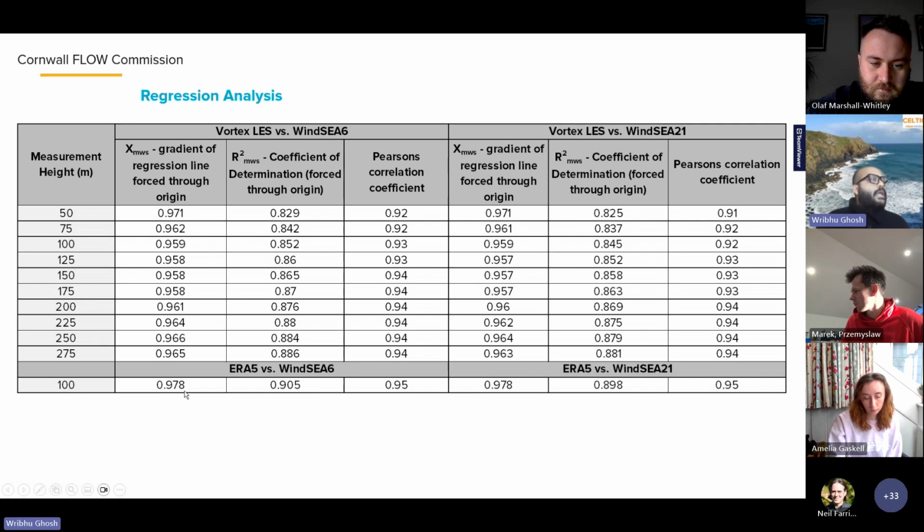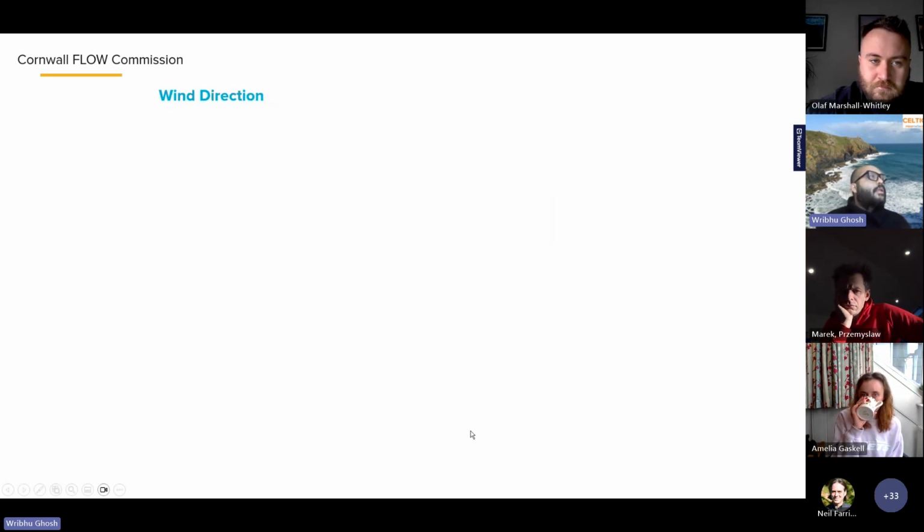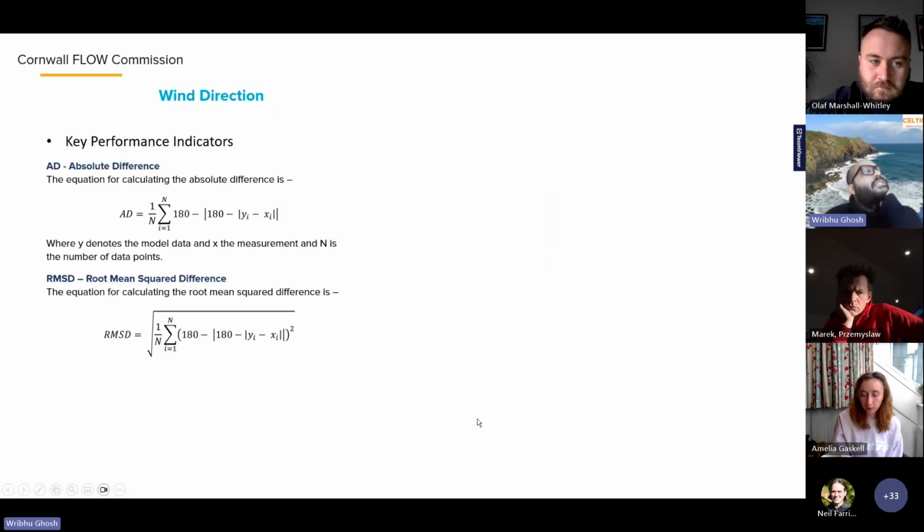Same with ERA5. Again, we see ERA5 gives a slightly higher R square here, but that is down to the fact that it's evened out into hourly data from 10 minutes, which contributes to a better regression. Now, wind direction: we just wanted to include a couple of slides here.